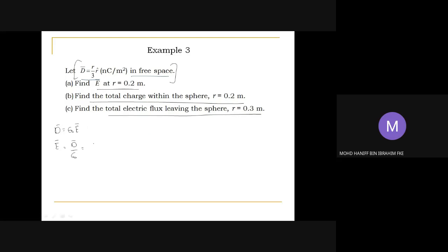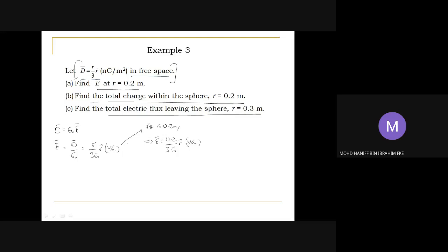So we have r over 3 epsilon naught in the direction of r, in volt per meter. At r equals 0.2 meters, the E field will simply equal 0.2 divided by 3 epsilon naught in the direction of r, volt per meter. It's just simply like that, to evaluate your understanding of the relationship between D and E.